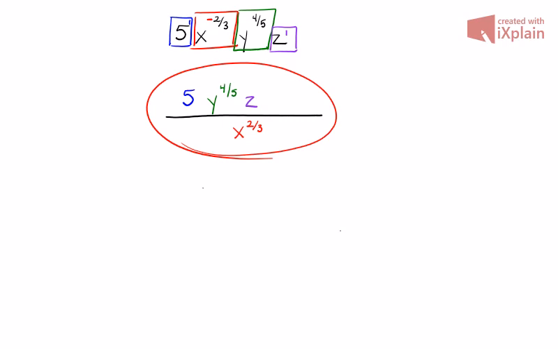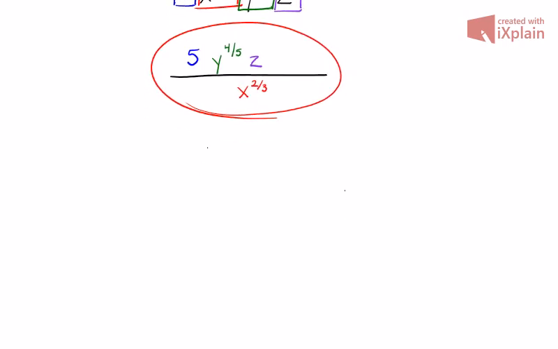So the next one, scoot that out of the way. We're going to look at 7x all over 8 times y times z, and we're going to raise that to the negative 3/5. Okay. So again, we can kind of do something very similar like we did with the 1/8 raised to the negative 2/3.